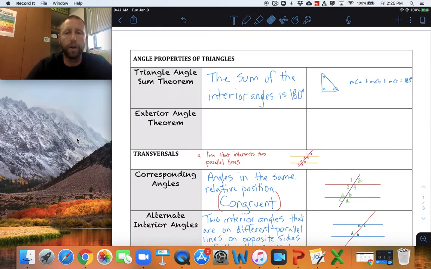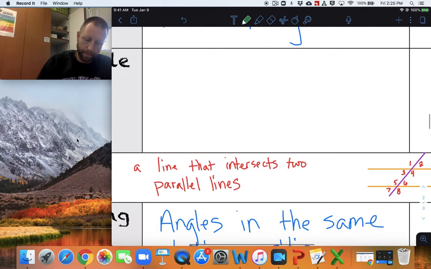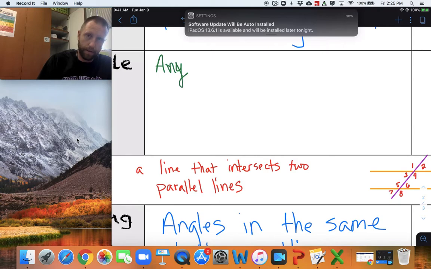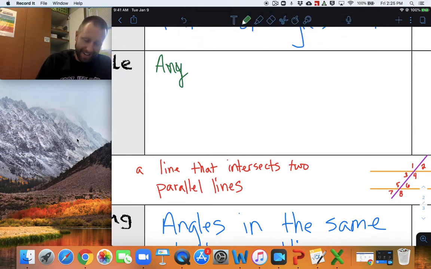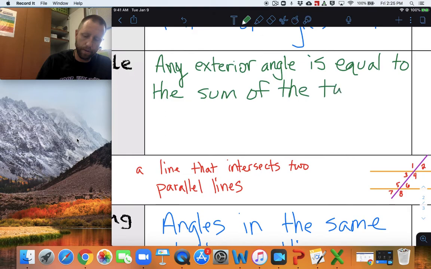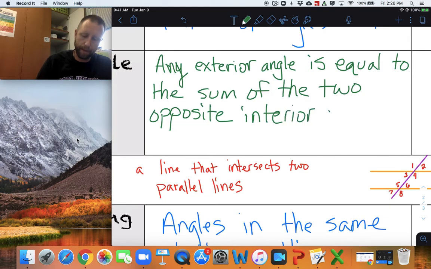Now the exterior angle theorem says that any exterior angle is equal to the sum of the two opposite, not exterior, interior angles.